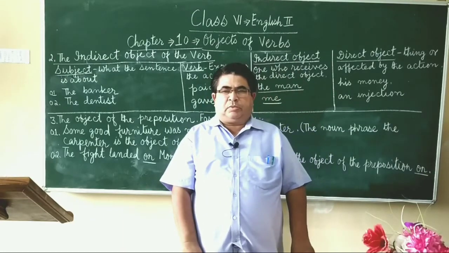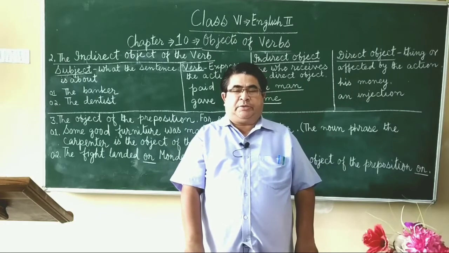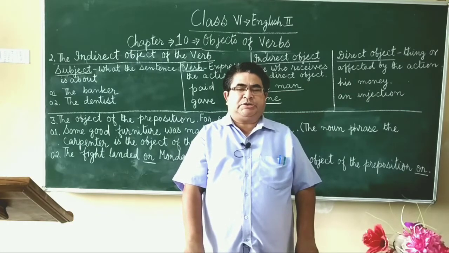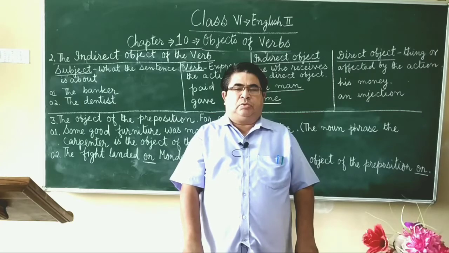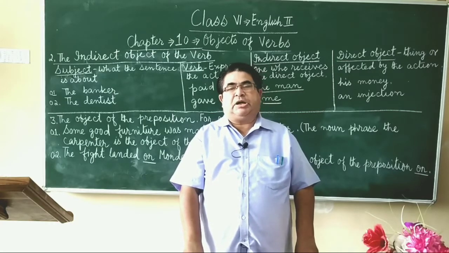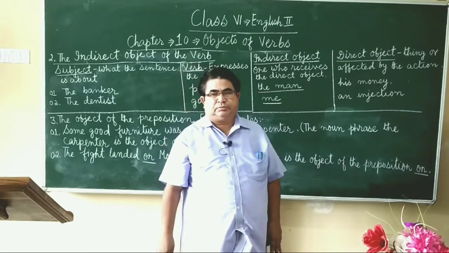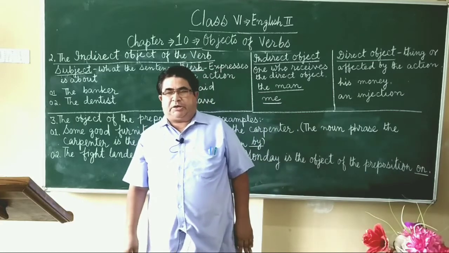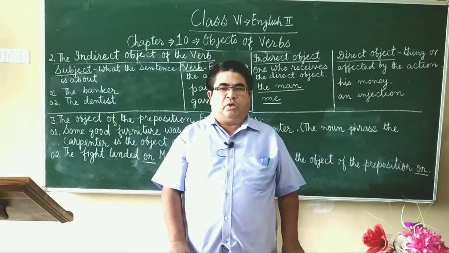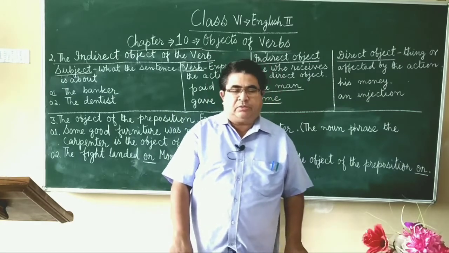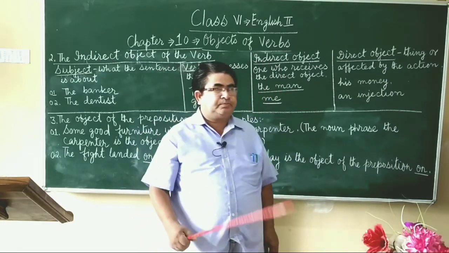Children, always remember that the indirect object is usually a living being, a person or animal, to or for whom the action is done. Indirect object comes before the direct object. For example, children, all of you see the blackboard.